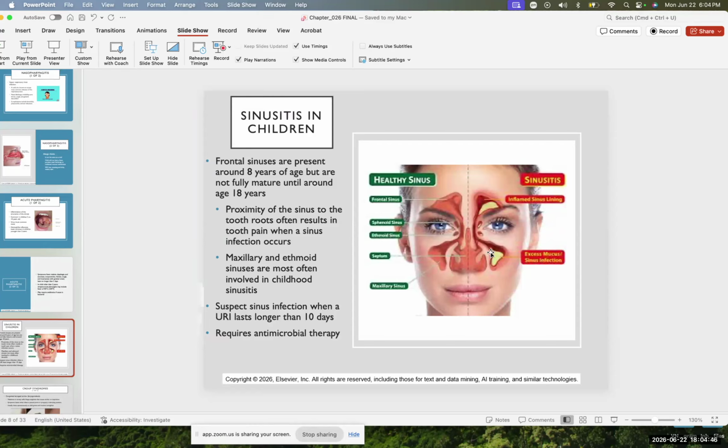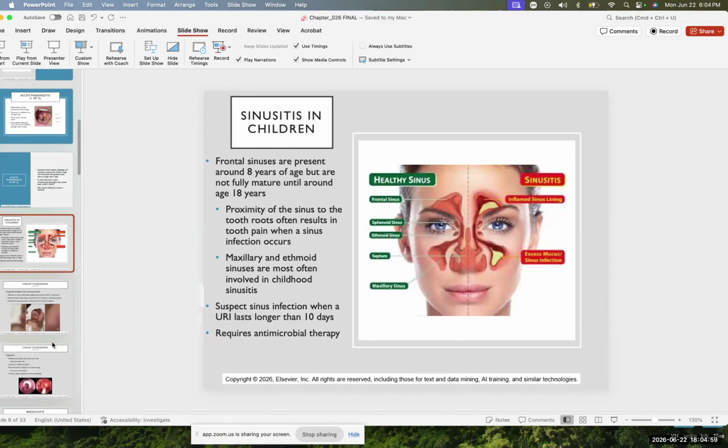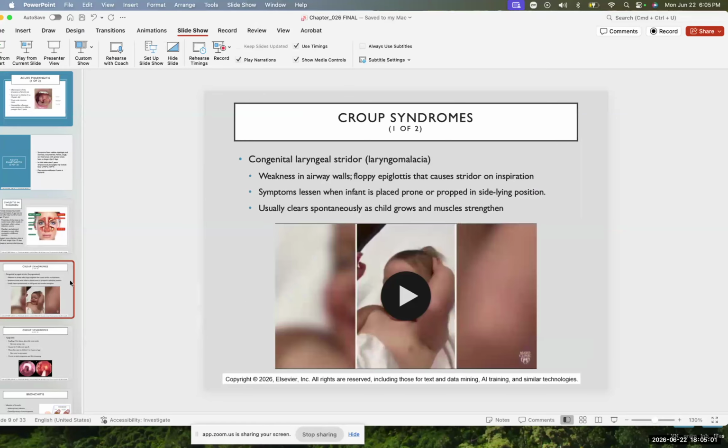Okay, again, this is usually bacterial, so we'll have some antimicrobial therapy, usually antibiotics. Okay. All right.